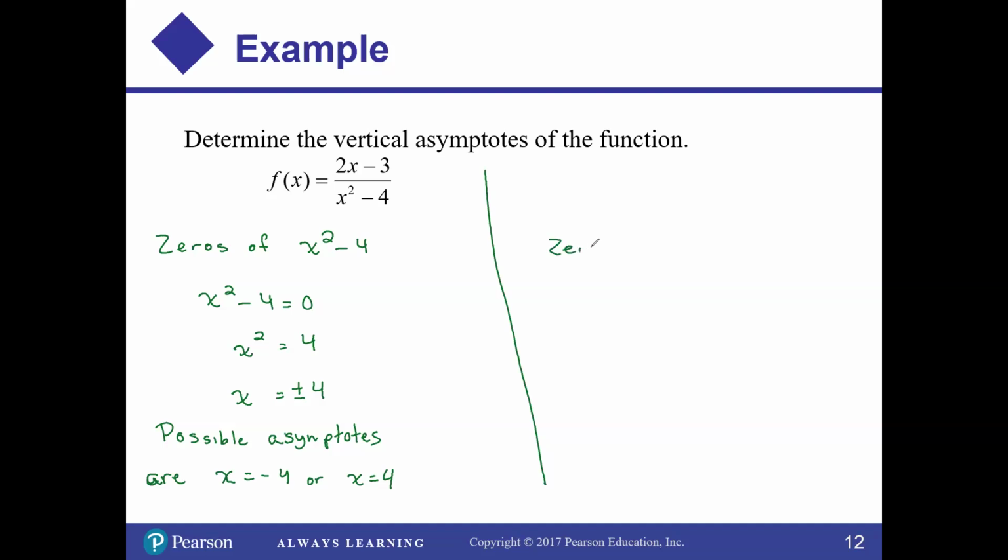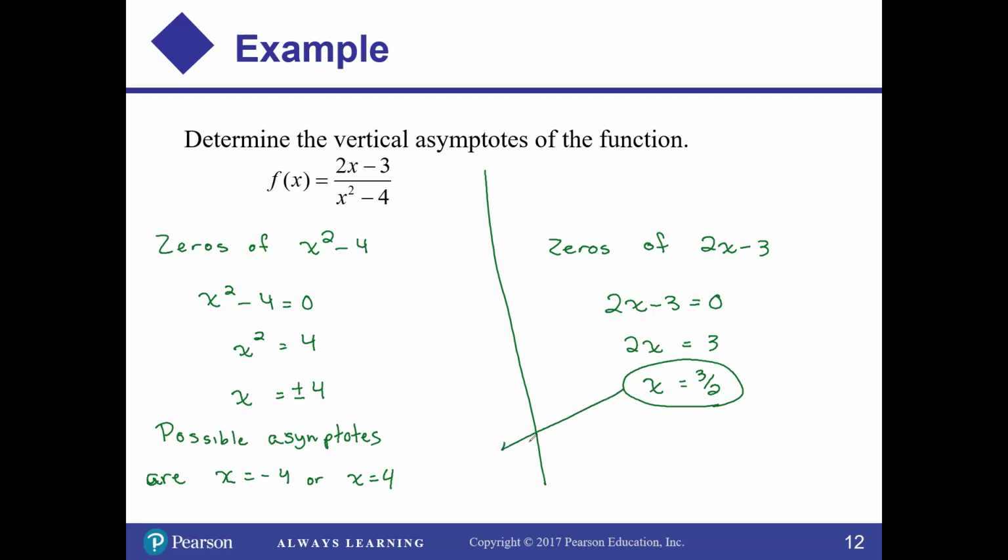And then I would have to find the zeros of the numerator. If I set that equal to 0 and solve for x, this is the zero I get. This zero is not the same as either of those. That means that these are now officially vertical asymptotes.